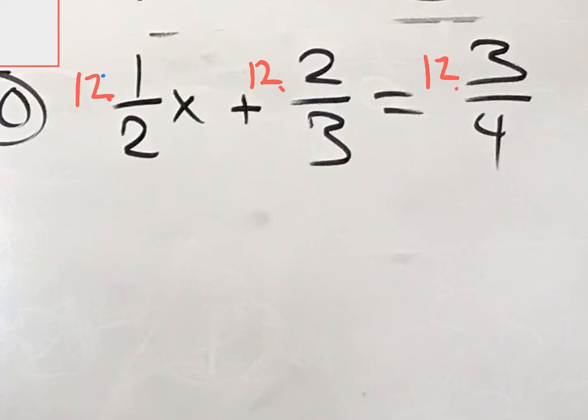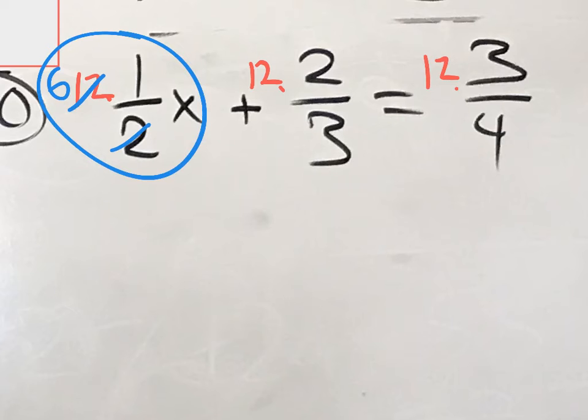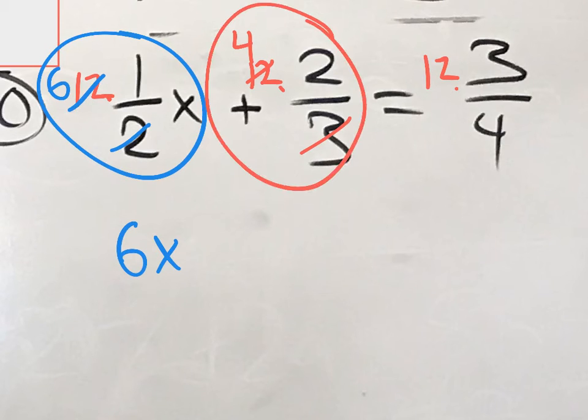So the 12 divided by 2 gives you a 6. So what do we have left over right here in this first part? 6 with the x. How about over here, the 12 up on top and the 3 on the bottom cancels out. You end up with the 4. So what do you end up with right here on this next part? Plus what? 8.